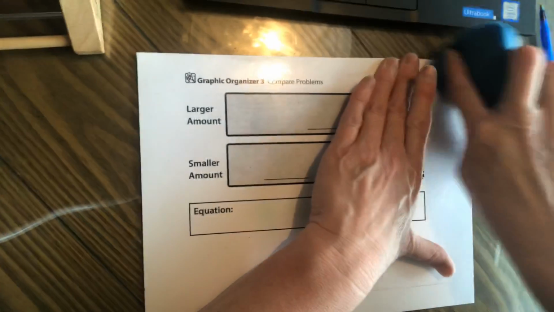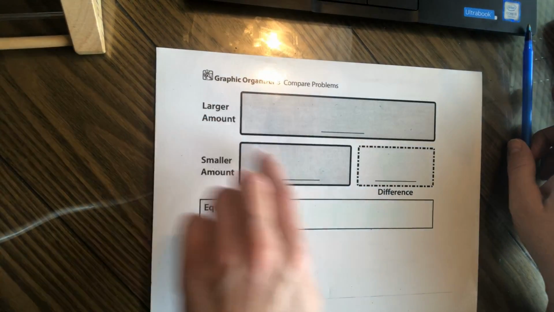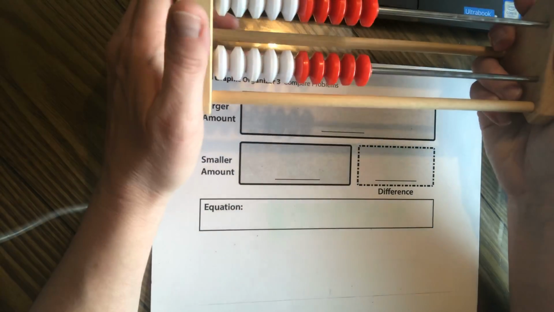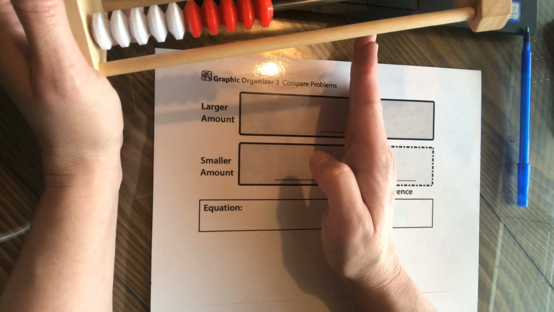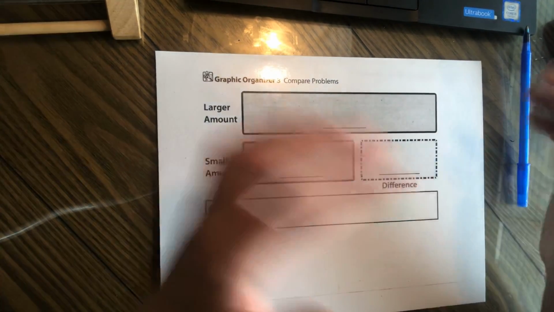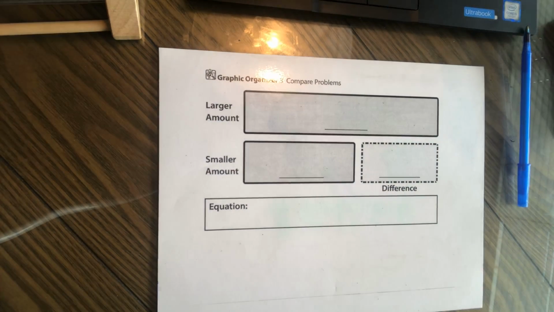So neither of them is the whole or the part, but rather large amount, small amount. Kind of like what we did here with our beads. We had a large amount, we had a small amount, and this is what they have in common, right? We found what they had in common, and this difference here, this is that extra that we're finding. And so this organizer is going to really help us think about our compare problems.